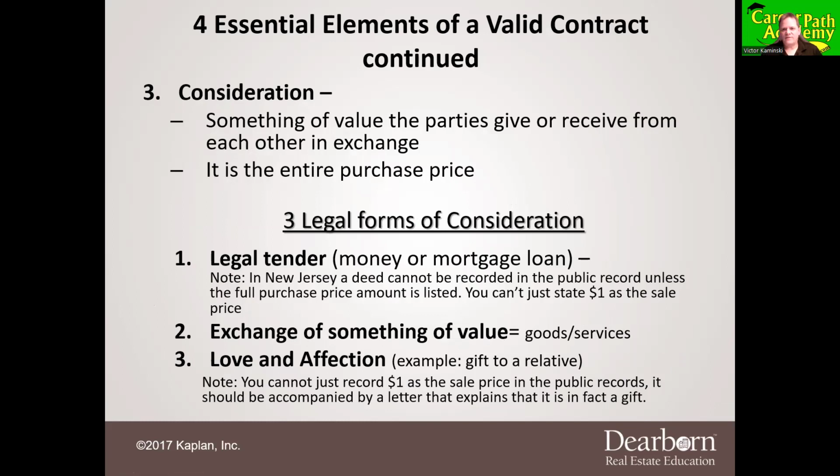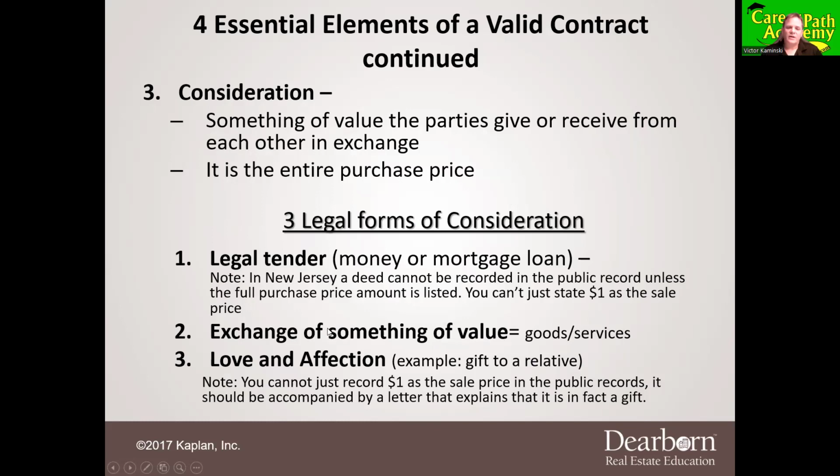For any contract to be valid, whether in real estate or not, there has to be something of value exchanged between the parties. There are 3 legal forms of consideration. Legal tender, that's like money or a mortgage loan. An exchange of something of value, whether it's goods or services. Or love and affection. No, they're not talking about prostitution.